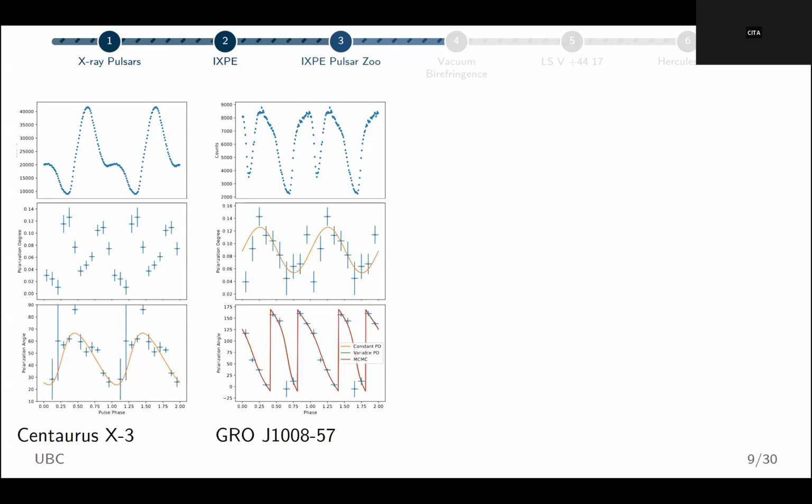When you look at it, you can fit it with, again, this. It looks weird like it's jumping, but you have to realize this wraps around to this. So basically, the polarization is doing something like this on the sky. But definitely something is more complicated in this source.